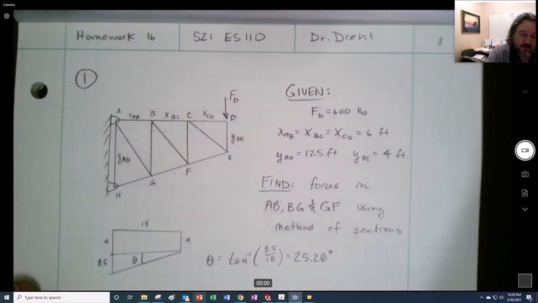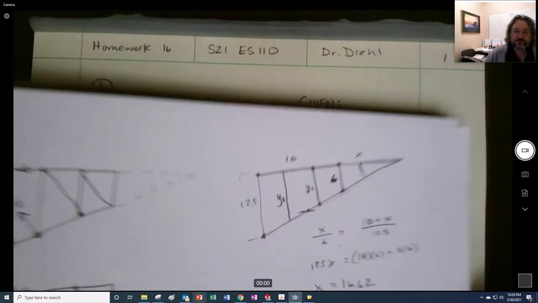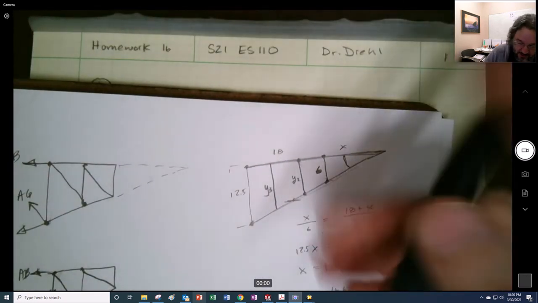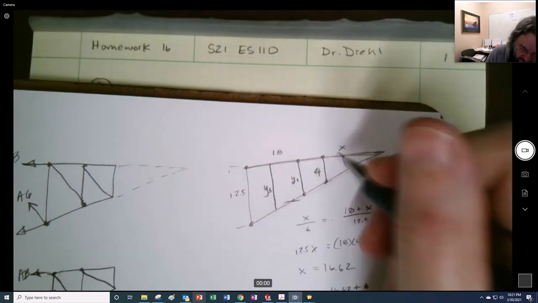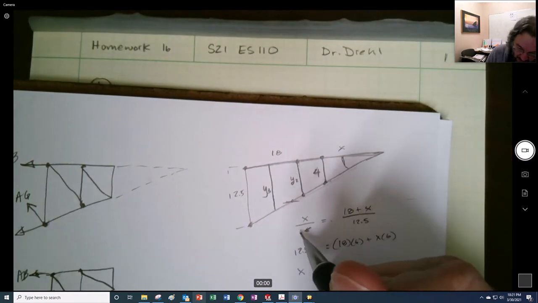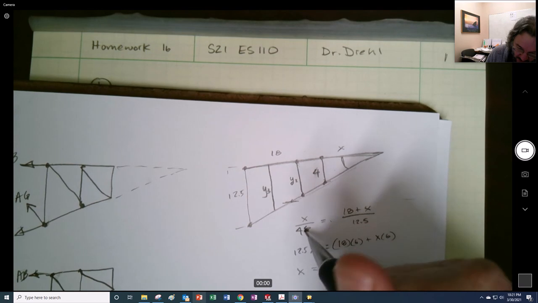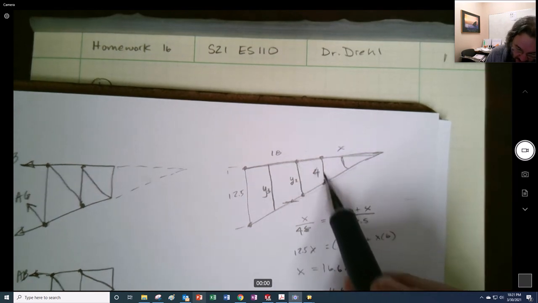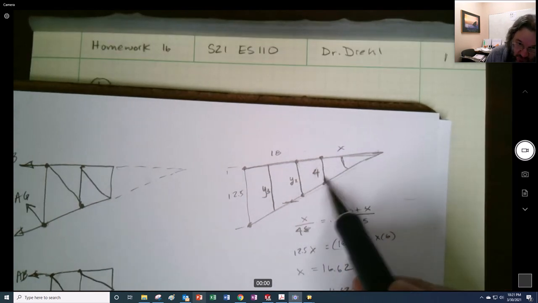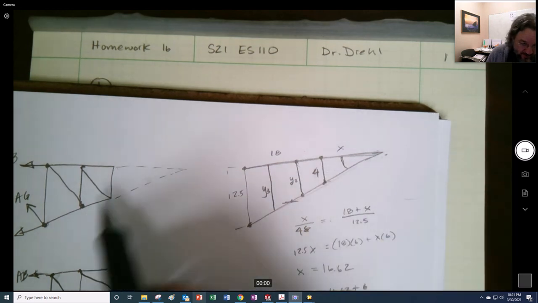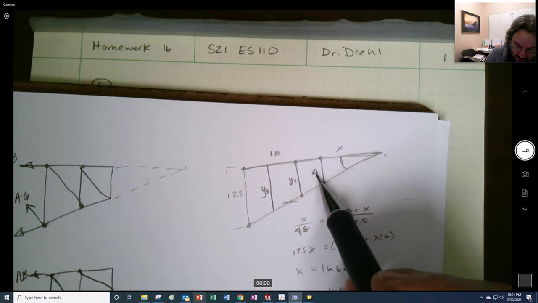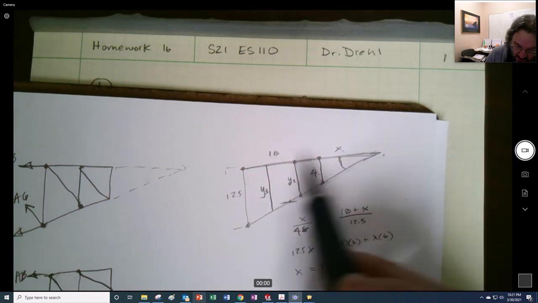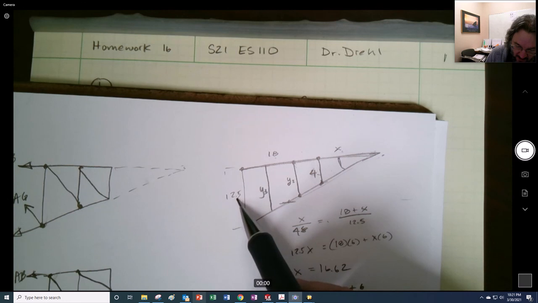Now, when we go to get some other dimensions, that's going to help us out. Another way to do this, and I wrote this wrong, just so you know, this should have been 4 right here, and so that would have been 4 right there, right? So I could extend the triangle out to where it meets here at the end, and then say x divided by 4 is going to be equal to 18 plus x divided by 12, right?